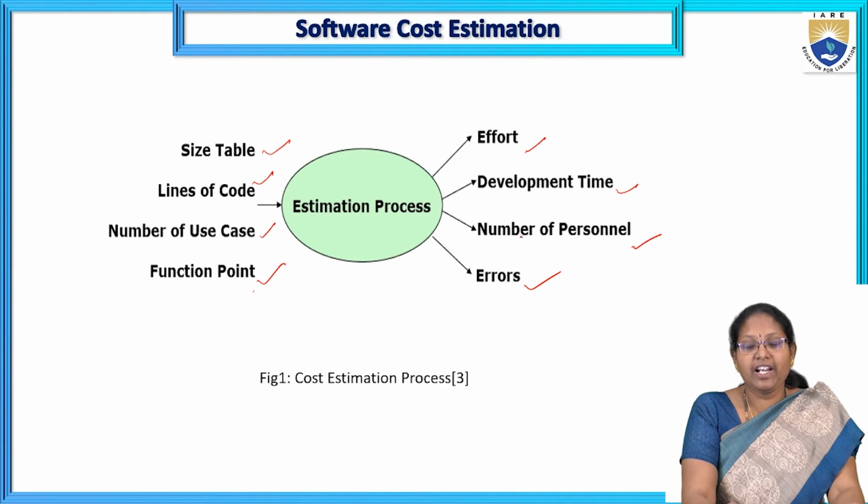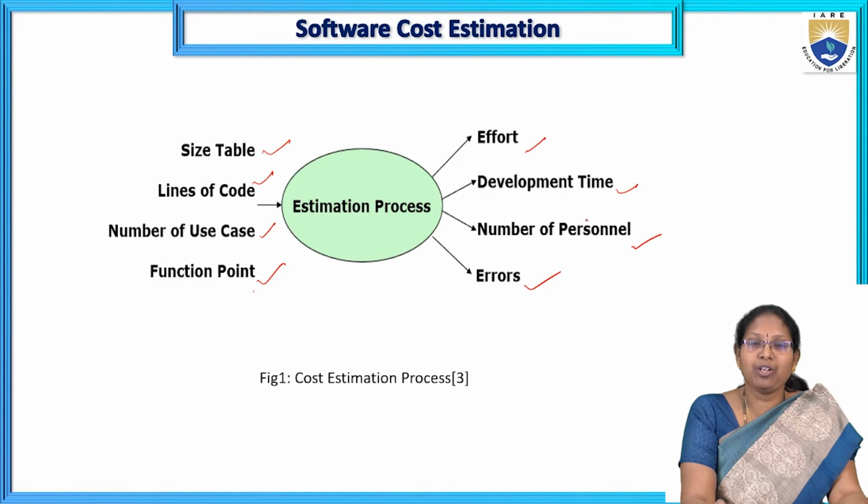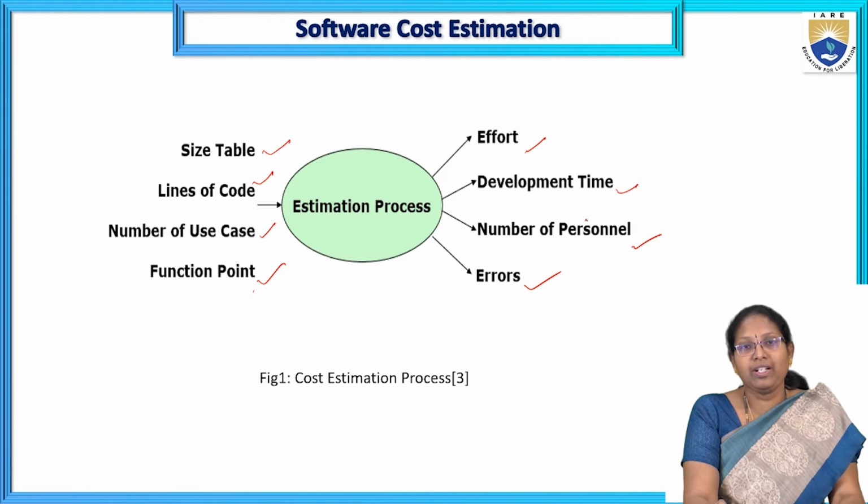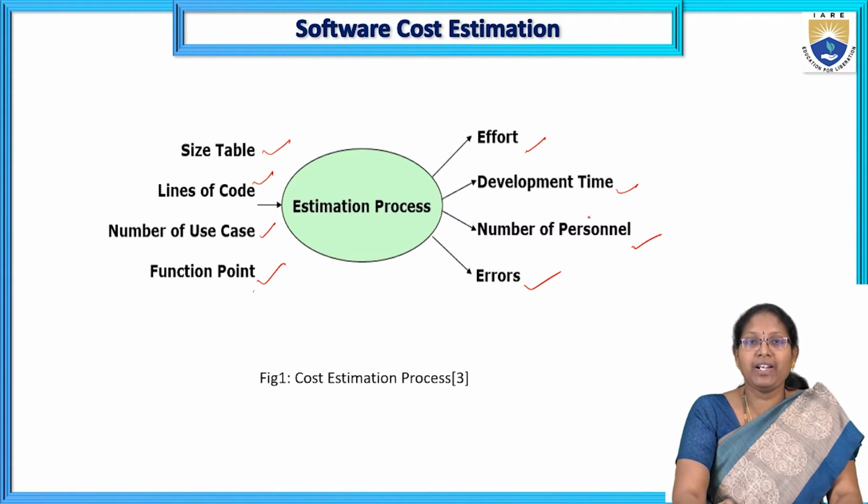We also get the number of persons, that is, how many human resources are required to complete the particular project successfully. That also we get from the estimation process. Then, errors may occur at any time, so what kind of errors will come and how we can estimate them, like error analysis, is also obtained from the estimation process.